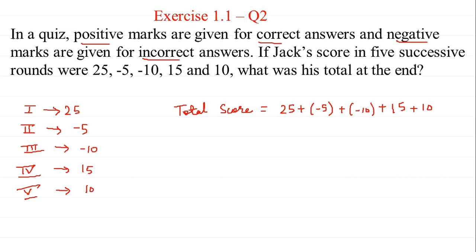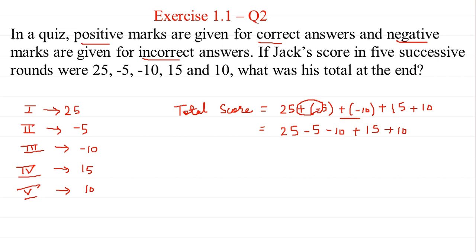Okay, so how will we solve this? We'll write 25 as it is. Now remember, before a number, two signs are there, plus into minus. So plus into minus would be minus 5. Again, plus into minus, it would be minus 10. Then as it is, plus 15 and plus 10. Now how will we solve the expression with both negative and positive values?